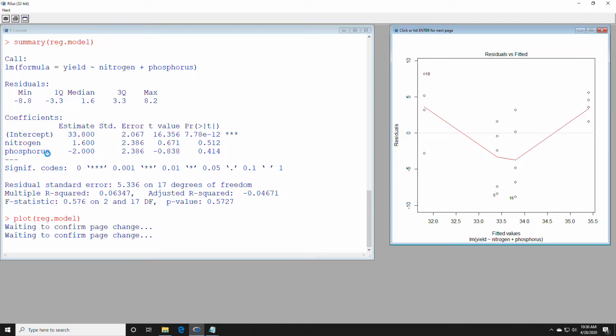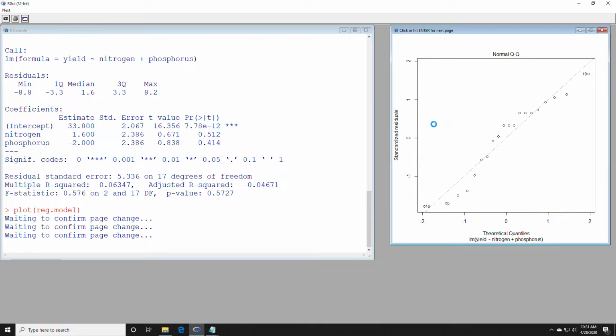So maybe it is in fact possible to relate nitrogen and phosphorus to yield in a useful way, because right now it's basically not even useful. But this is telling us that something's wrong. We're not modeling it properly, okay? And of course, looking at the normality plot, well, the normality plot looks fairly good.